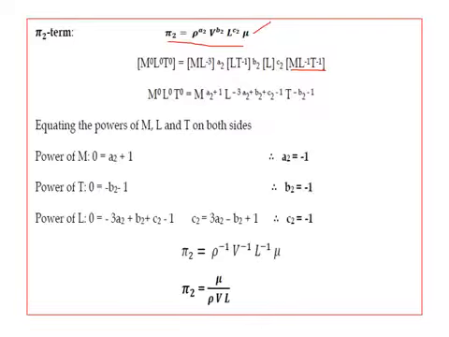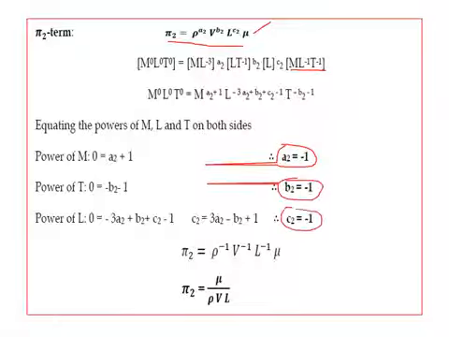Equating the powers for M, a2 + 1 is equal to 0, so a2 is -1. For T, -b2 - 1 is 0, so b2 is -1. For L, -3a2 + b2 + c2 - 1 is equal to 0, so we get c2 as -1. So we get rho to the power of -1, V to the power of -1, L to the power of -1, mu. That is the other pi term, the pi 2 term, which is mu by rho V L.